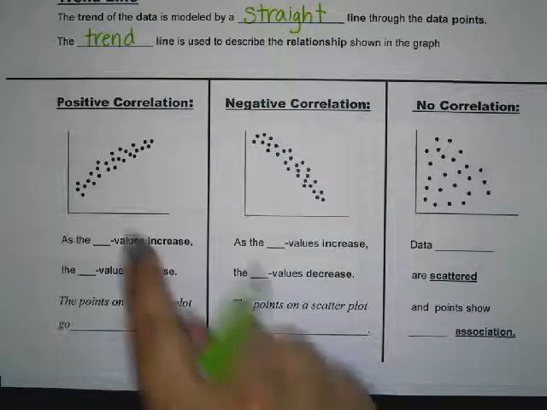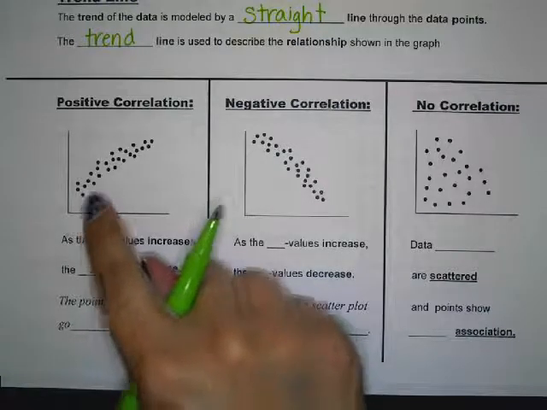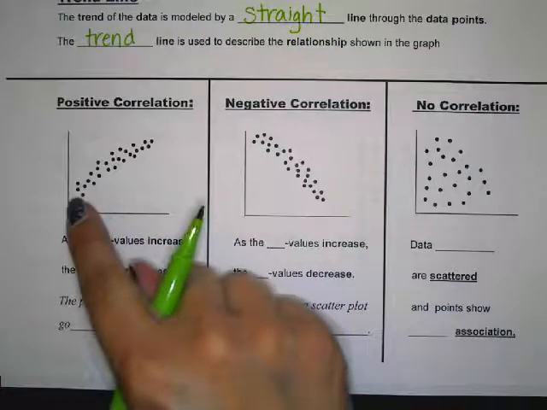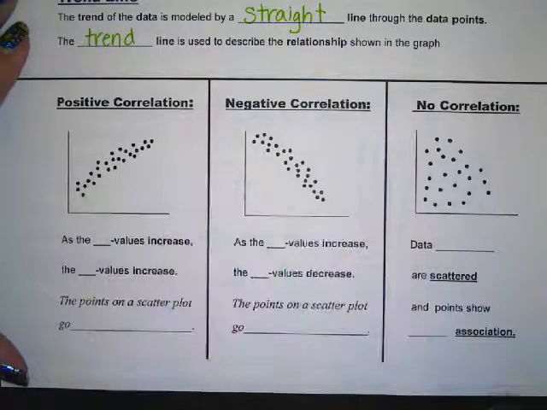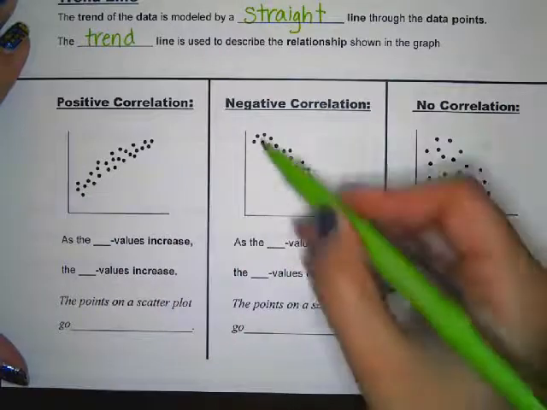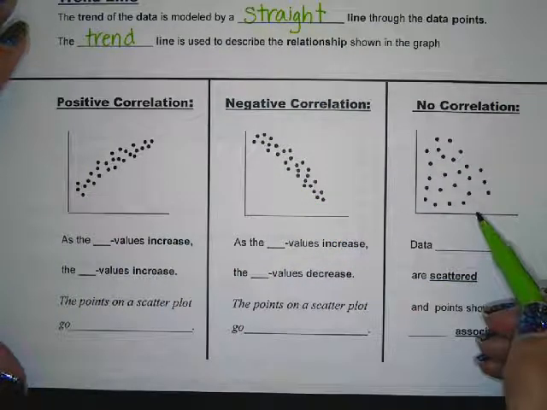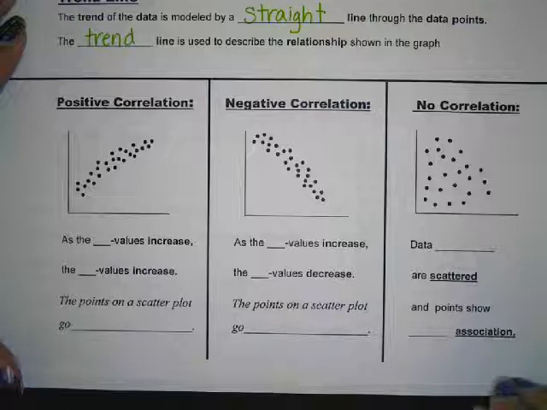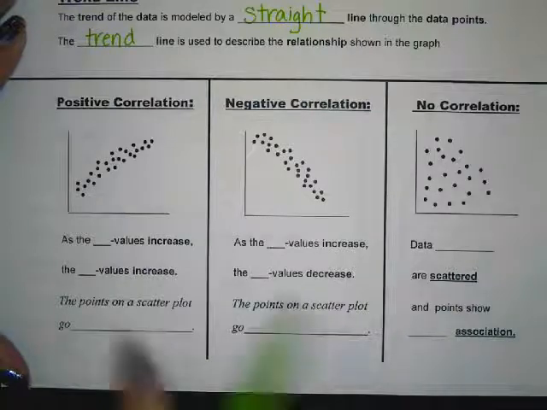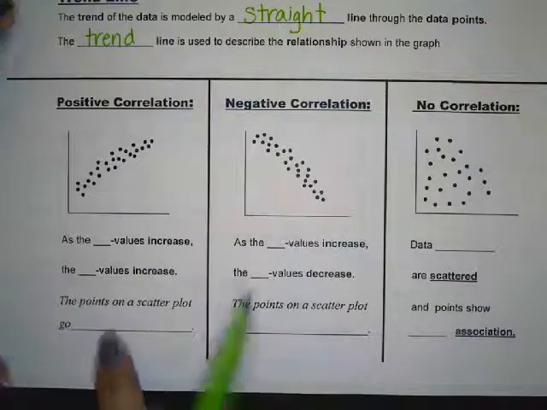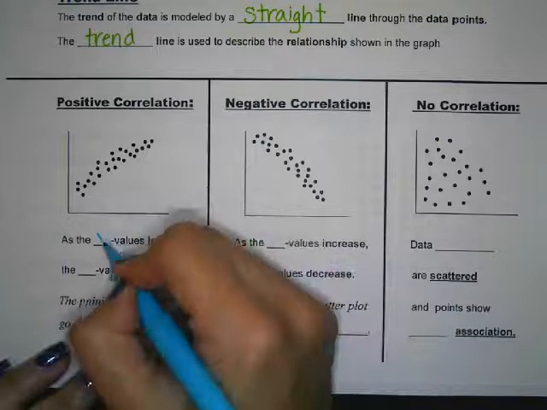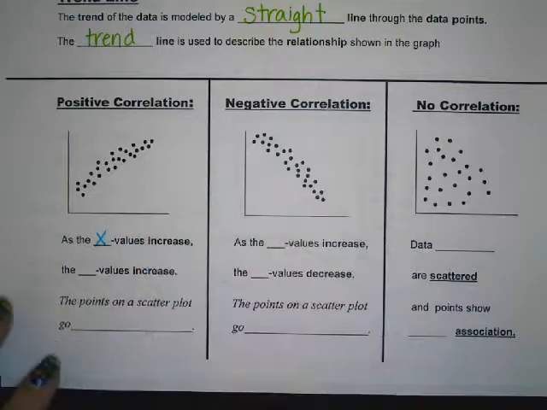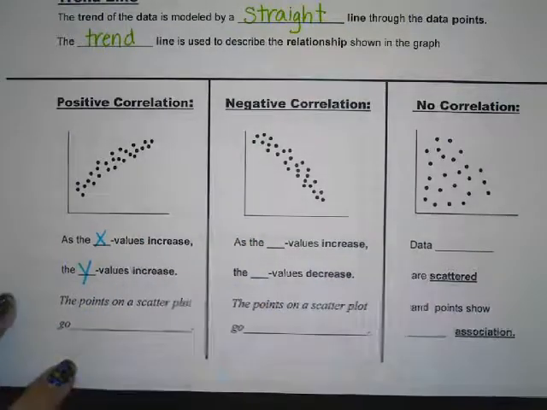Look and see that all these plotted points on the positive correlation still make a line that kind of goes upward. On the negative correlation, it goes downwards, and in no correlation, they're kind of scattered all over the place, so we don't know where they are. So let's first look at the positive correlation. As the x values increase, the y values also increase.